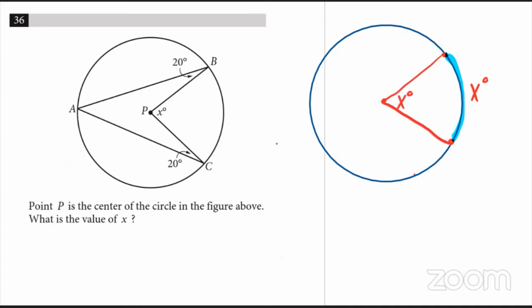So that's going to be x degrees right there. But the inscribed angle, it intercepts the same arc, but it goes to the opposite side of the circle, is going to be half of that.